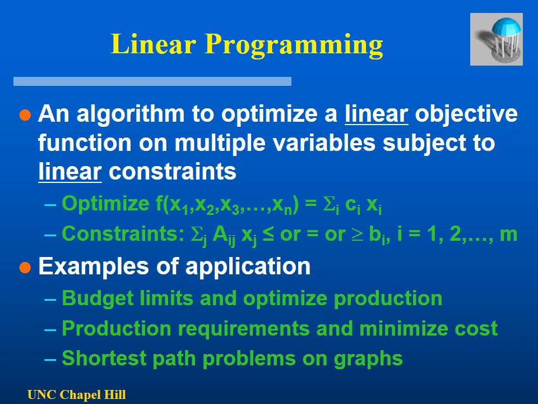So the objective function that we want to maximize is the sum of c sub i, x sub i, and we're given the c sub i's. c1 times x1 plus c2 times x2 plus cn times xn is a value that we can evaluate, and we're trying to, given the c's, find the x's that optimize that objective function.